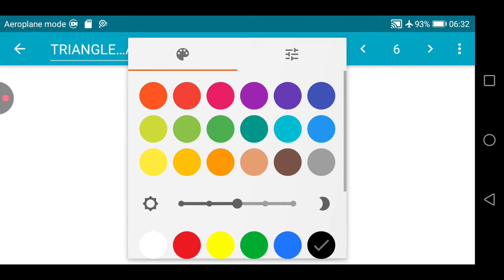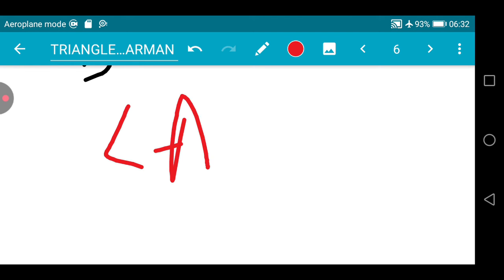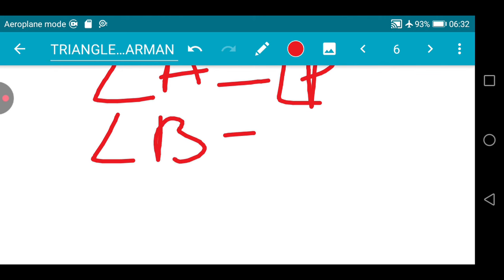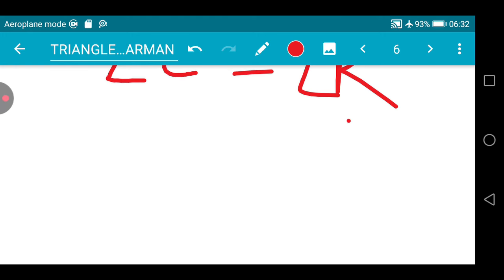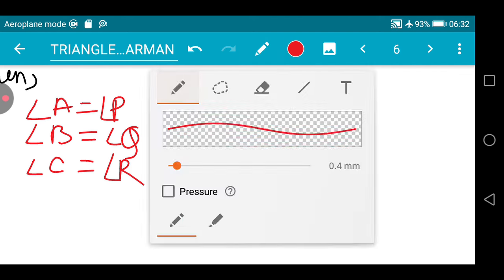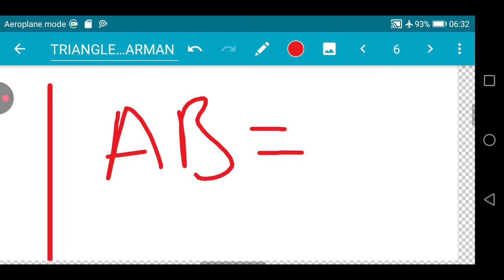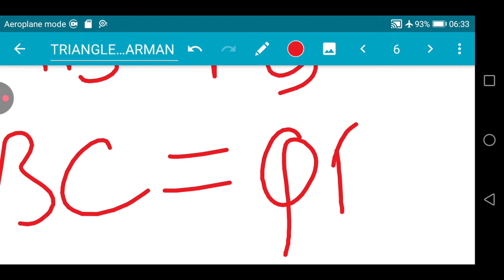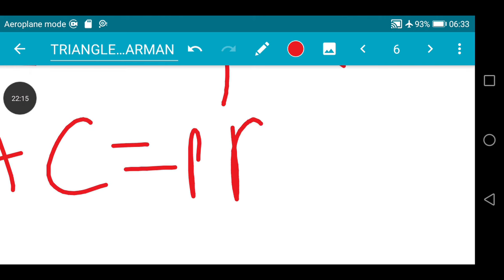Then what have I done? Angle A equal to angle P, angle B equal to angle Q and angle C equal to angle R. And AB equal to PQ, BC equal to QR and AC equal to PR.